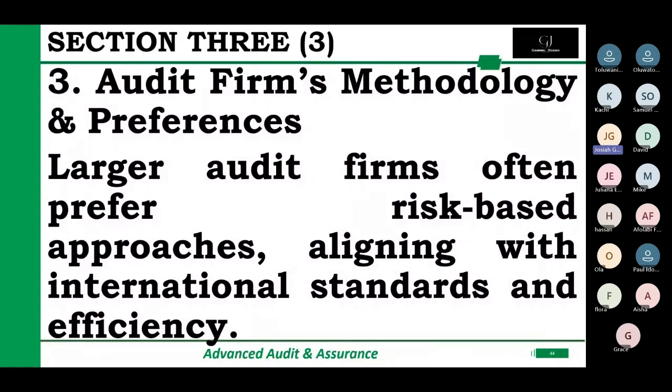The risk-based approach is actually the international standard and the recommended audit approach, and it helps you audit efficiently and effectively. So the Big Four or the big firms gravitate towards this approach. So the audit firm's methodology and preference is very important. It's also a factor that will influence the kind of approach or strategy they employ.